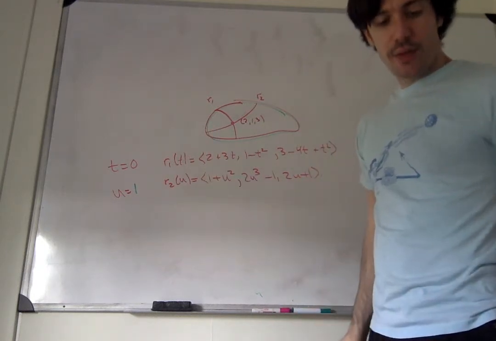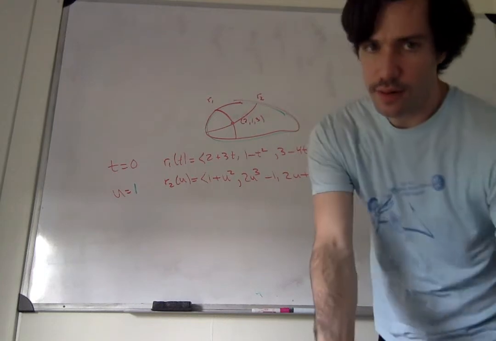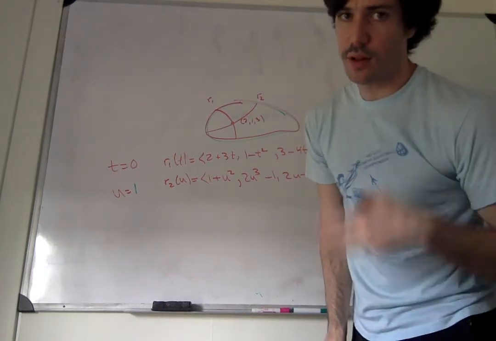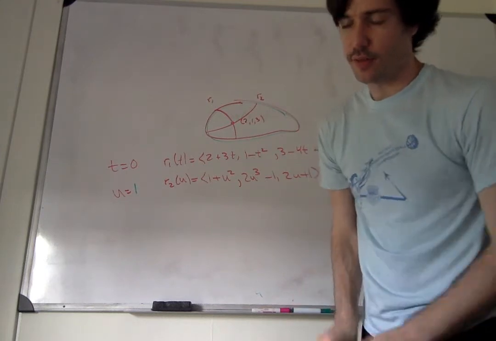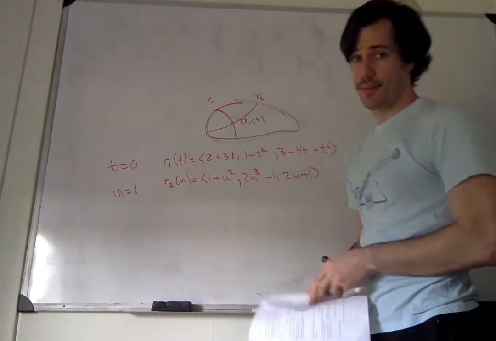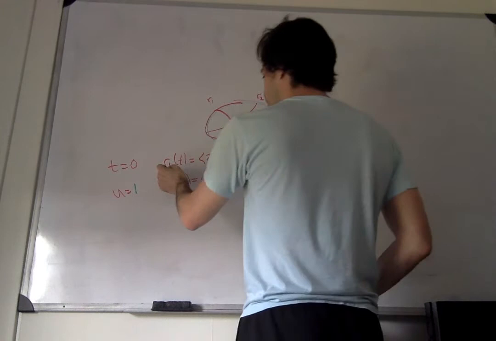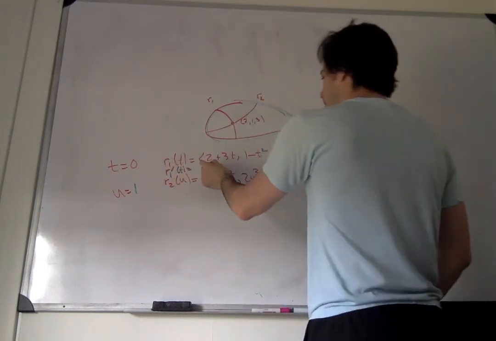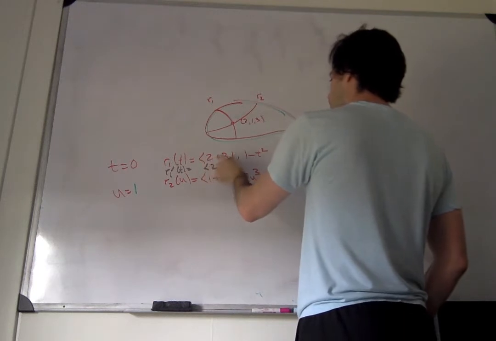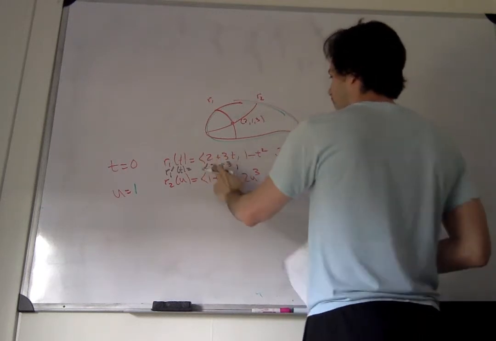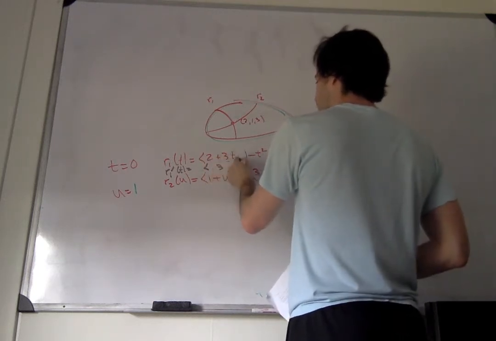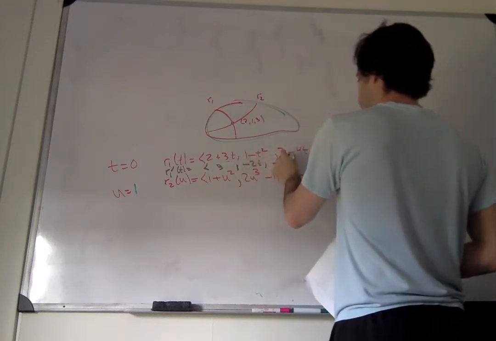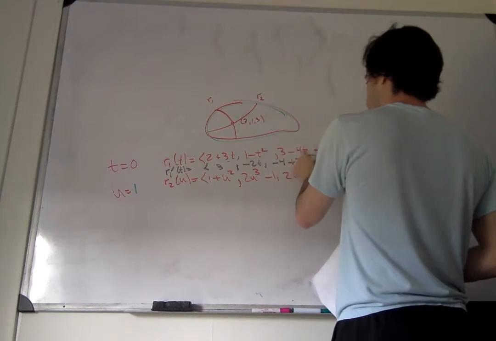Okay, so now I'm going to compute the tangent vector at every point by computing the derivative of this curve. The derivative of this is 3, 3 minus 2t, and minus 4 plus 2t.